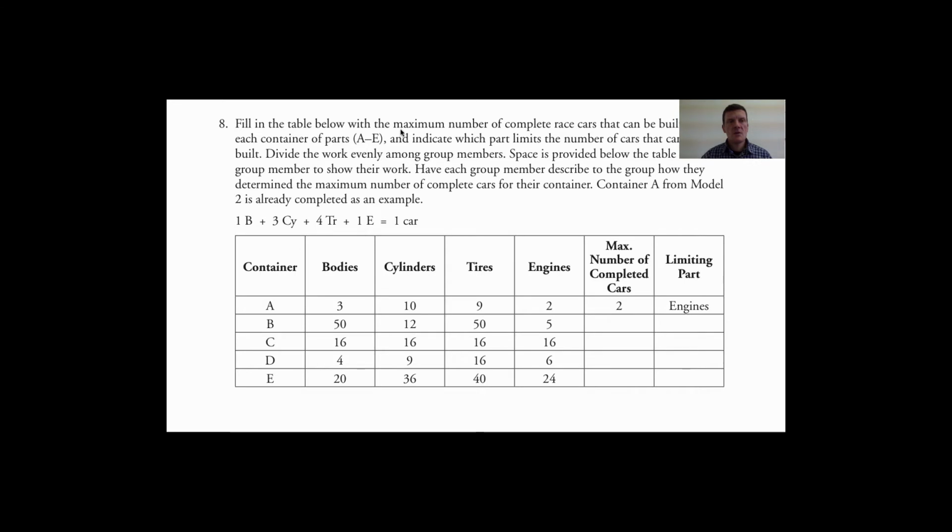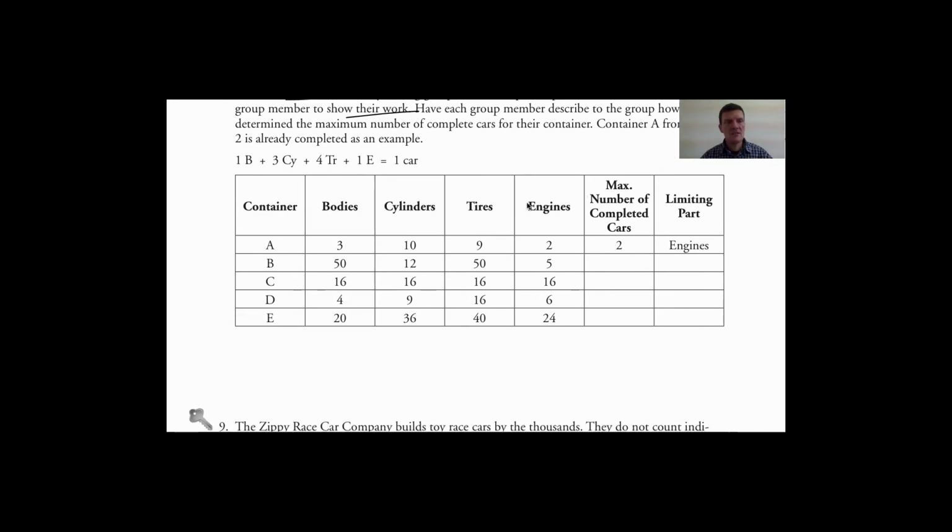Fill in the table below with the maximum number of complete race cars that can be built from each container, and indicate which part limits the number of cars that can be built. Divide the work evenly. Yes, space is provided below the table for each group member to show your work if you need to. And let's look at what we have here.